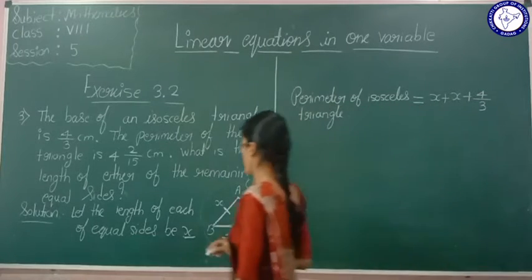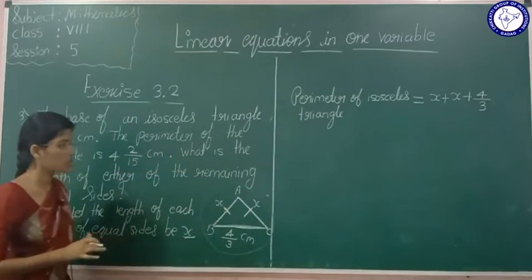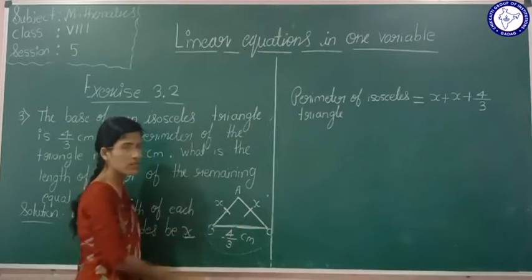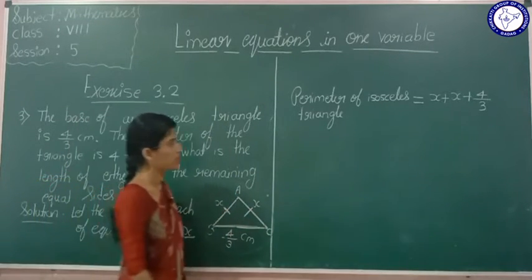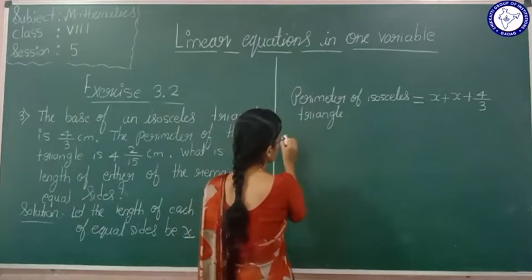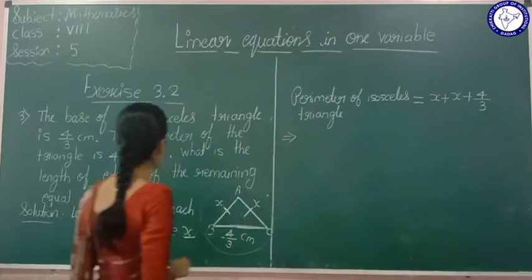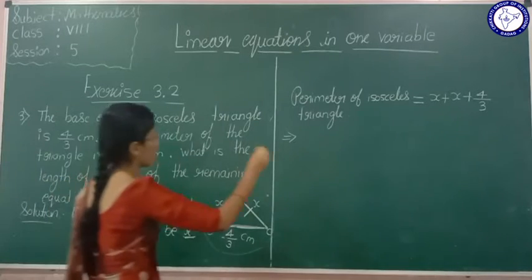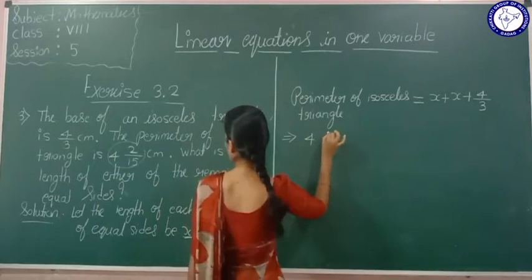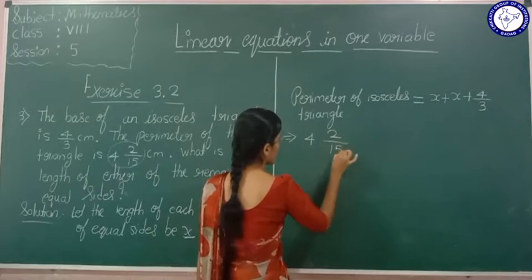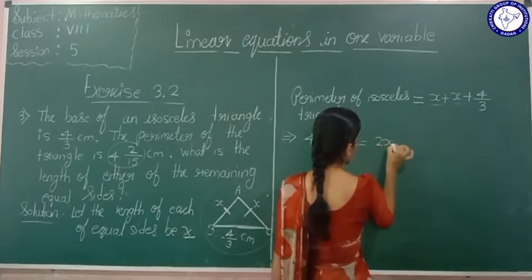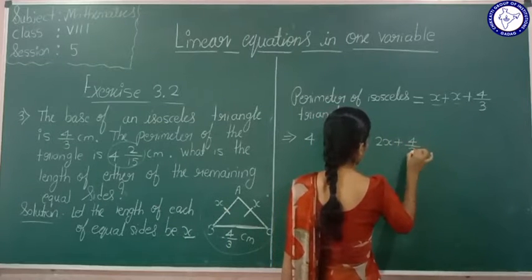Yes or no? Perimeter means the total length of the side of a triangle. Now in the question they have given the perimeter of an isosceles triangle is 4 integer 2 by 15, is equal to x plus x, which is 2x plus 4 by 3.